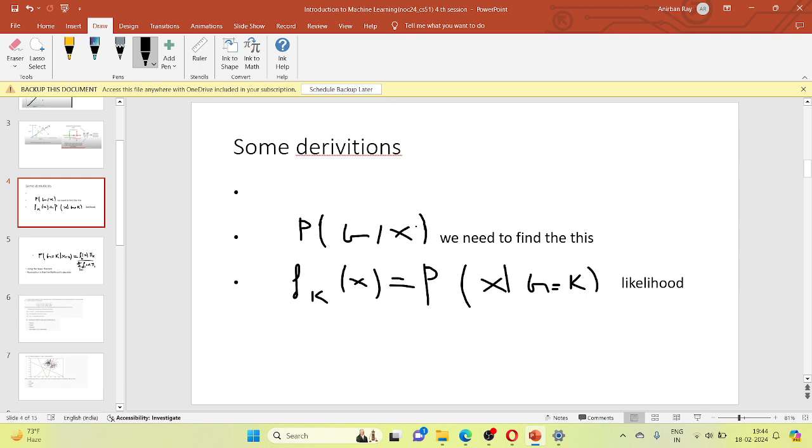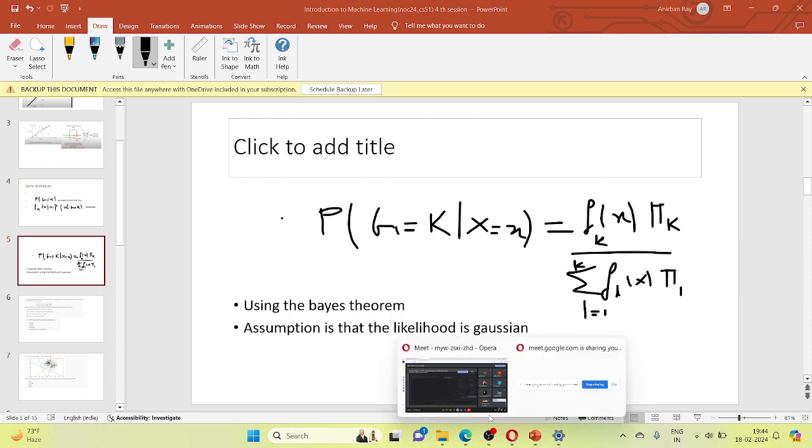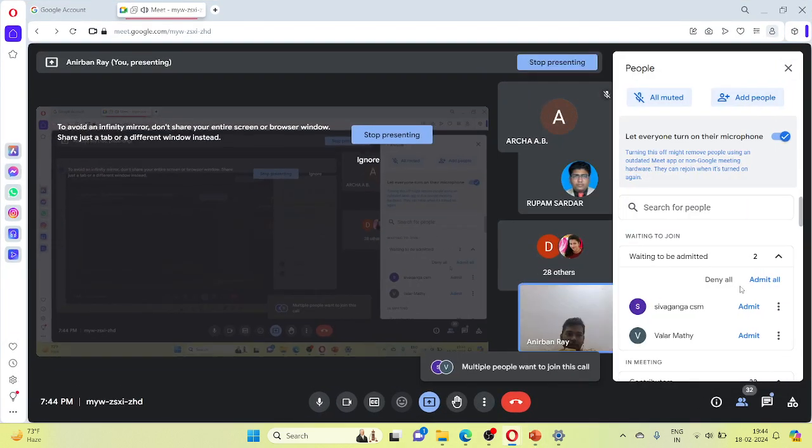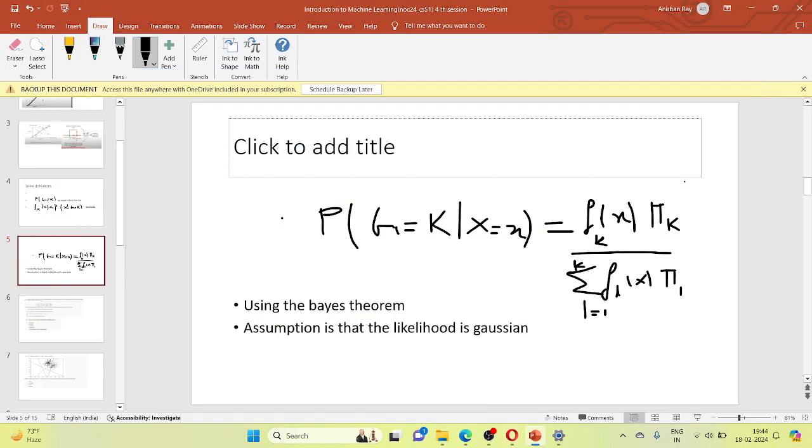For that we use Bayes theorem here, which is the prior times likelihood, divided by evidence.